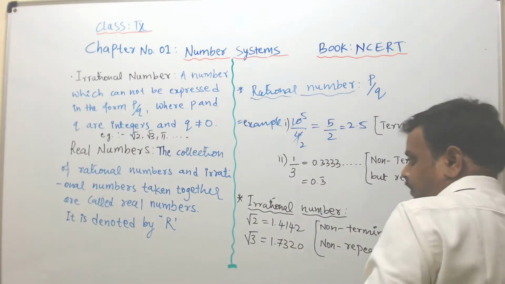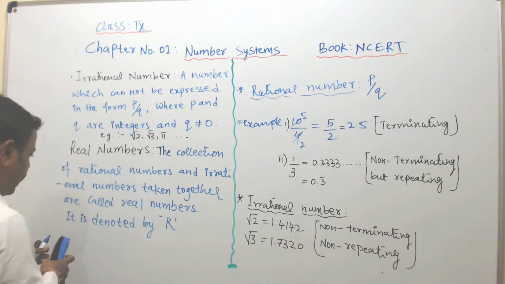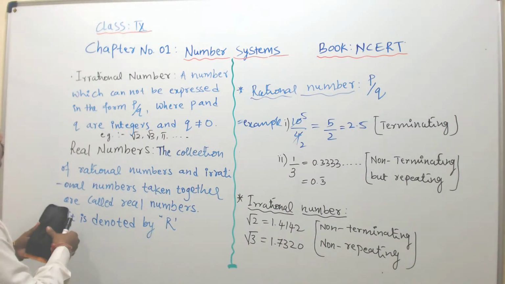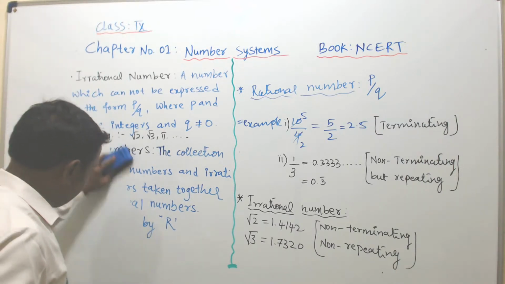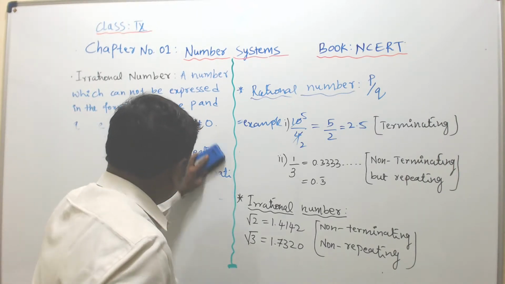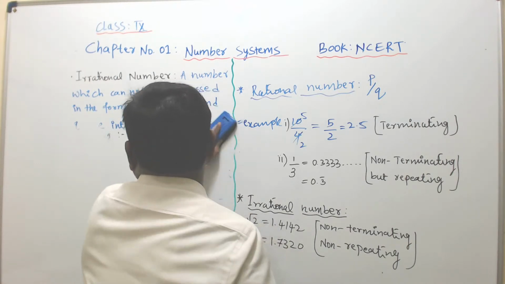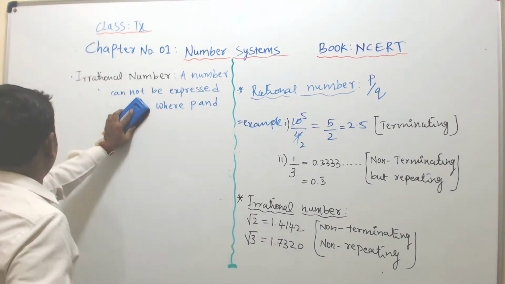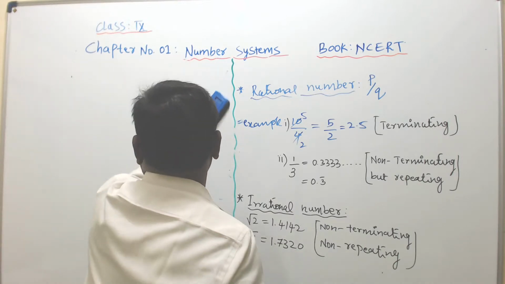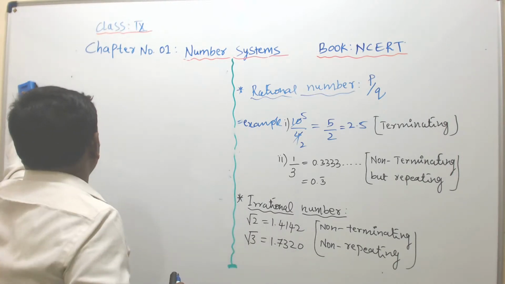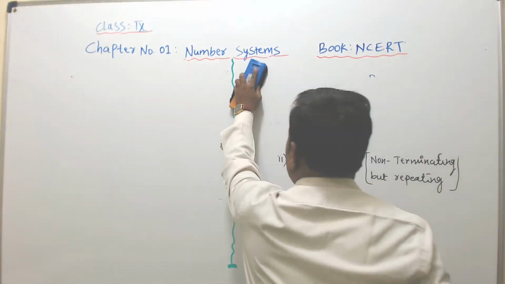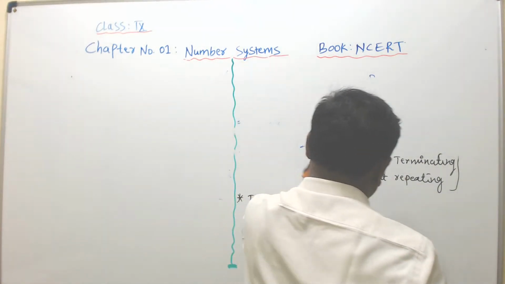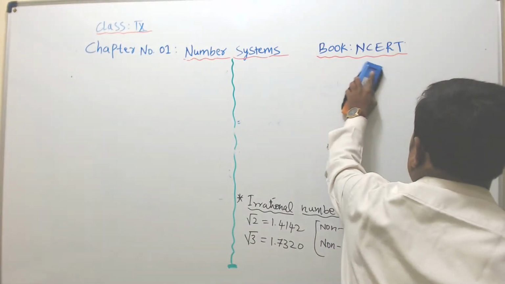So in the earlier classes, we have discussed representing rational numbers on the number line, whole numbers on the number line, integers on the number line, natural numbers on the number line.